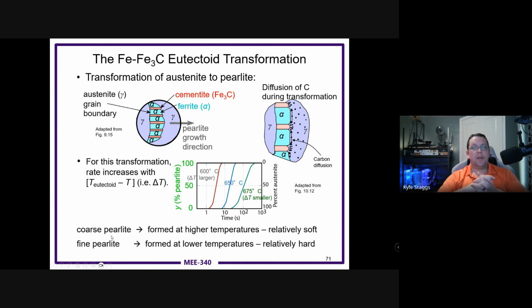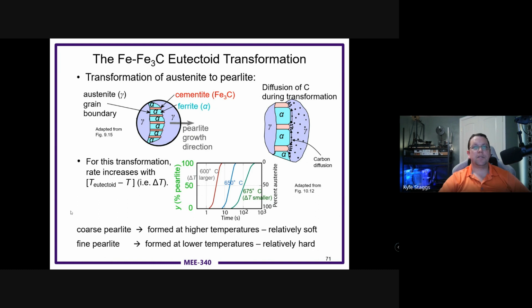So the coarse pearlite is at higher temperatures, and that's relatively soft. The fine pearlite is formed at lower temperatures. That's relatively hard, and that's why tempering can be so tricky, as you can get some pearlite and it's a kind of medium hardness steel, better than none, better than no change in hardness, but it's not a dramatic increase.